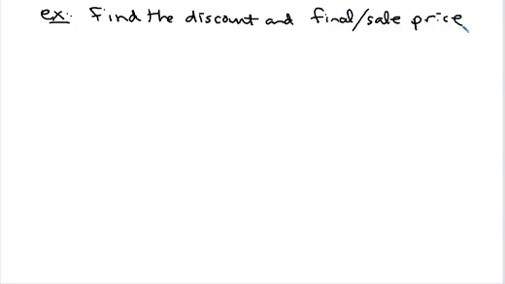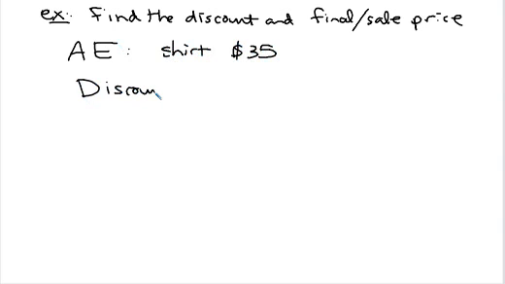All right, you go to American Eagle and there's a shirt you like for $35. The discount, which remember that means there's a sale, is 35% off. And we want to know the sale price.